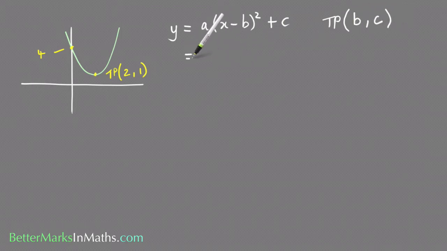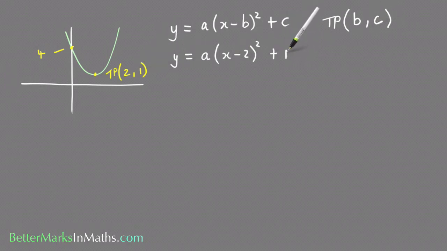So y is equal to a, which you don't know, and then x minus b, so the x coordinate of this turning point is 2, so that means this is x minus 2, and that's all squared, and then plus c, which is the y coordinate of that turning point, which is 1.